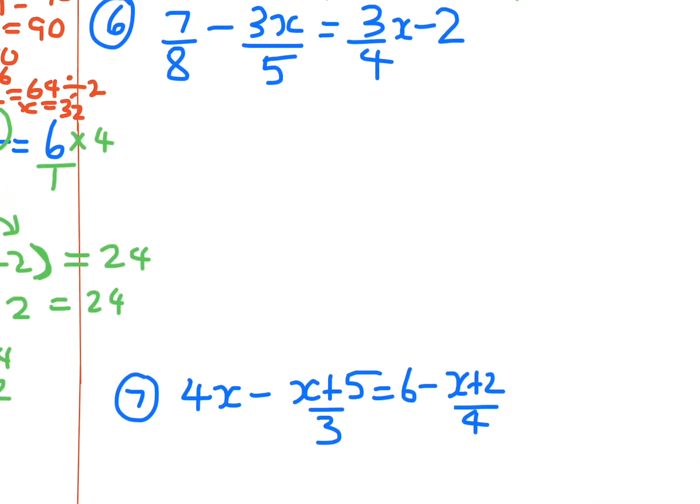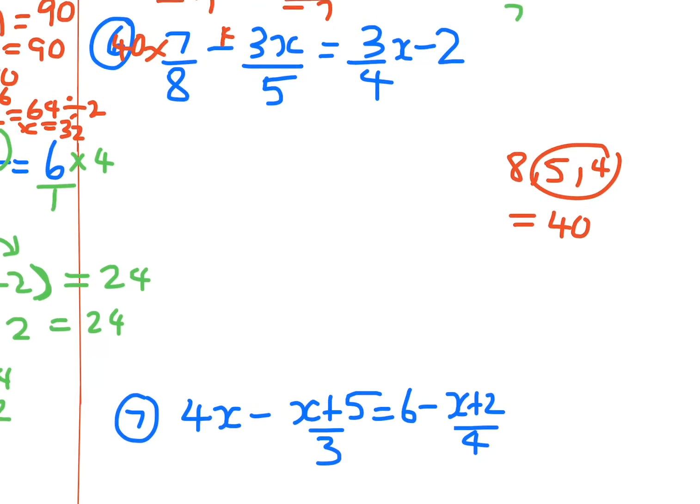Okay, so looking at this one here, what is something that all those numbers will go into? 8, 5, and 4. Now, it's not 20, but if you double it, what about 40? They all go into 40. So if I multiply everything by 40, then all of these numbers should cancel out. Okay, so if you multiply by 40, they'll all cancel out.